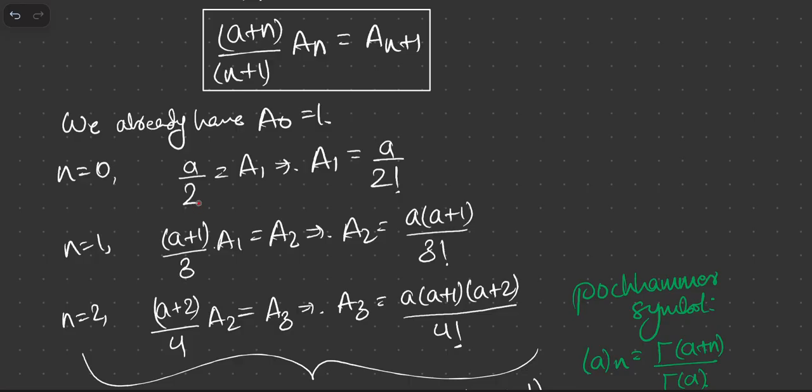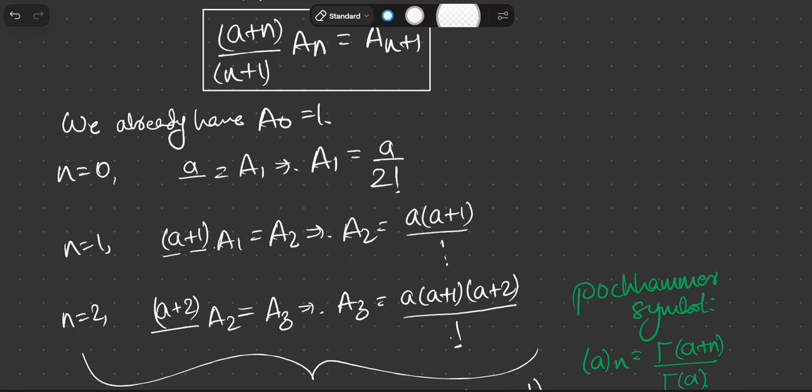Wait a second, I think it's not 2 because n is 0, so it's a over 1. Oh, I'm sorry guys, I just messed up here. It's not 2, and I need to fix this down.